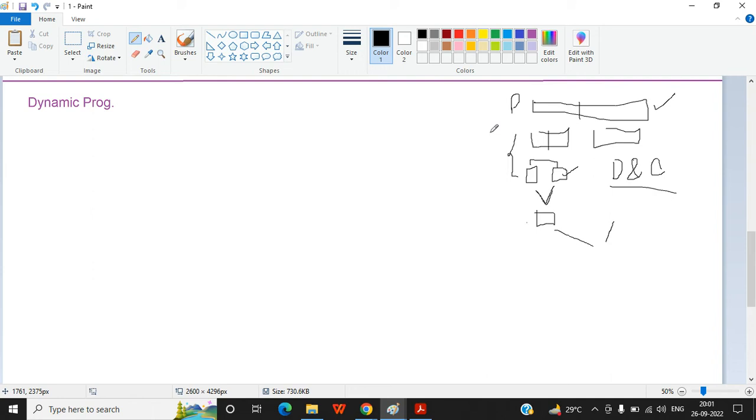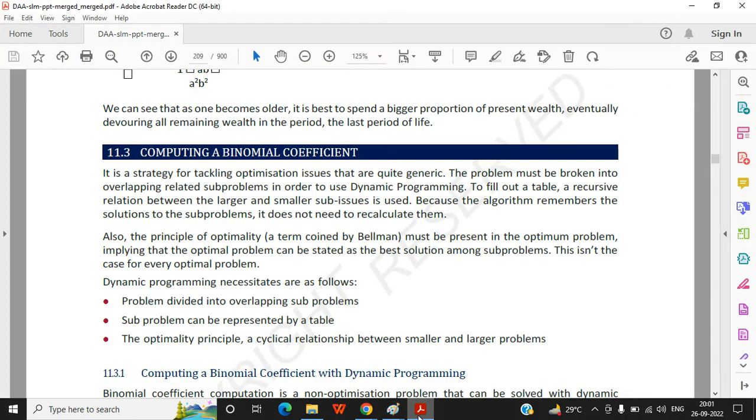When we find the solution of the next subproblem, we again build a table, or we populate that earlier table accordingly. And again, that table will be used to solve the next subproblem. In that way, dynamic programming performs. You got it? So this is the philosophy of dynamic programming.